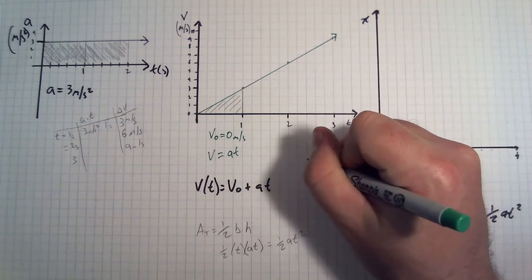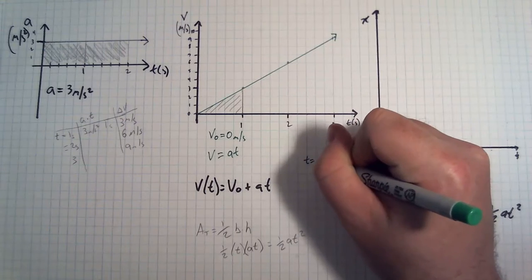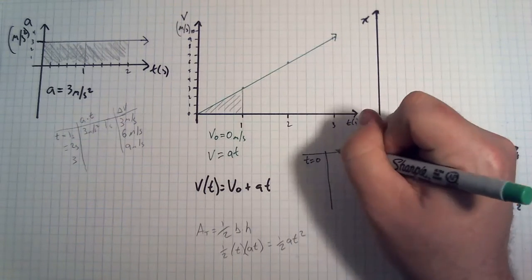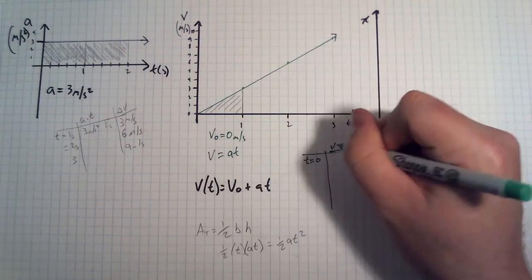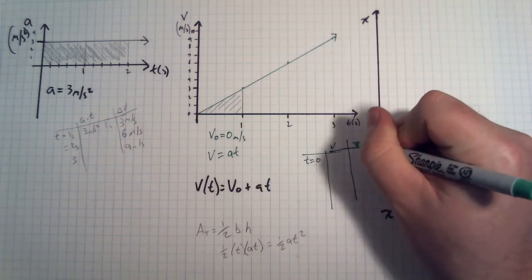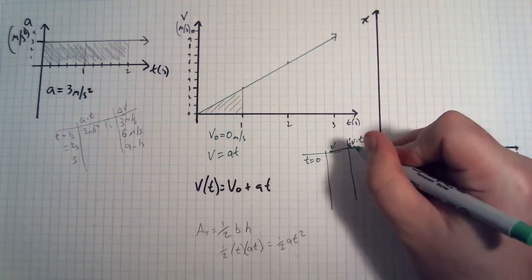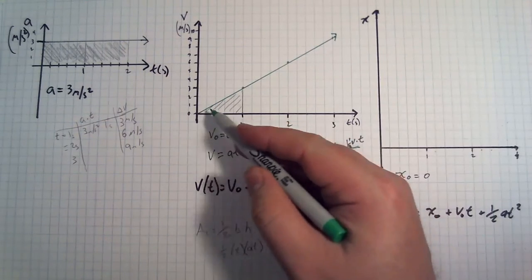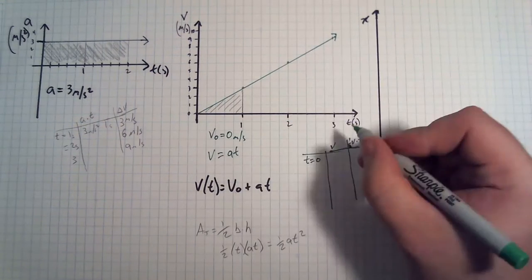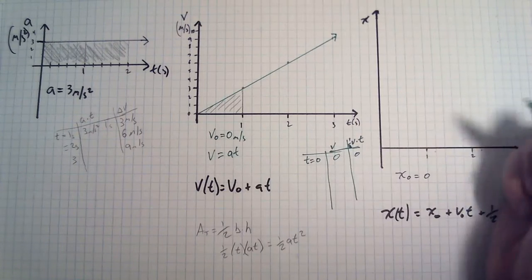So I'll make a table with t, velocity, and then 1/2 of velocity times time, because I need to get this area. When t equals 0, velocity is 0, so that's 0. That's pretty boring.